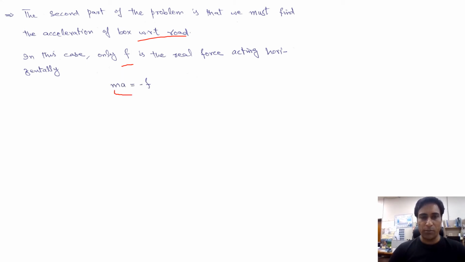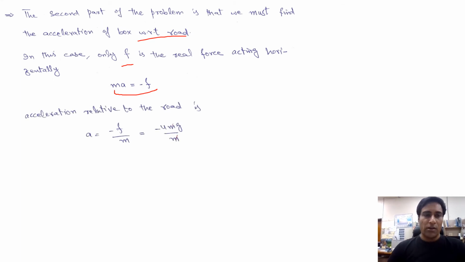ma is equal to minus F, and you know that the acceleration relative to the road is a equal to minus F over m, which is equal to minus mu mg over m, as F is mu mg. The m will be cancelled out with the denominator.